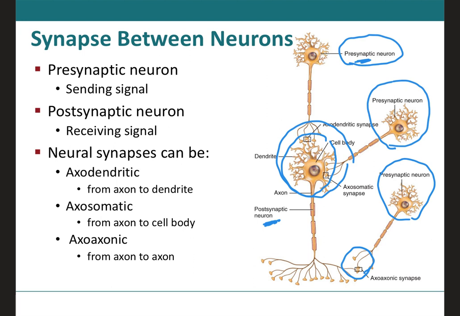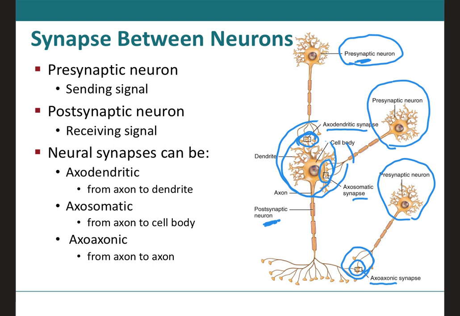Examples of these include the axodendritic, as we can see over here. So it's a synapse from the axon to the dendrite. Then we have the axosomatic synapse, which is from the axon to the cell body, like the name says. And the last one is called the axoaxonic, so definitely from an axon to an axon, as we can see over here.